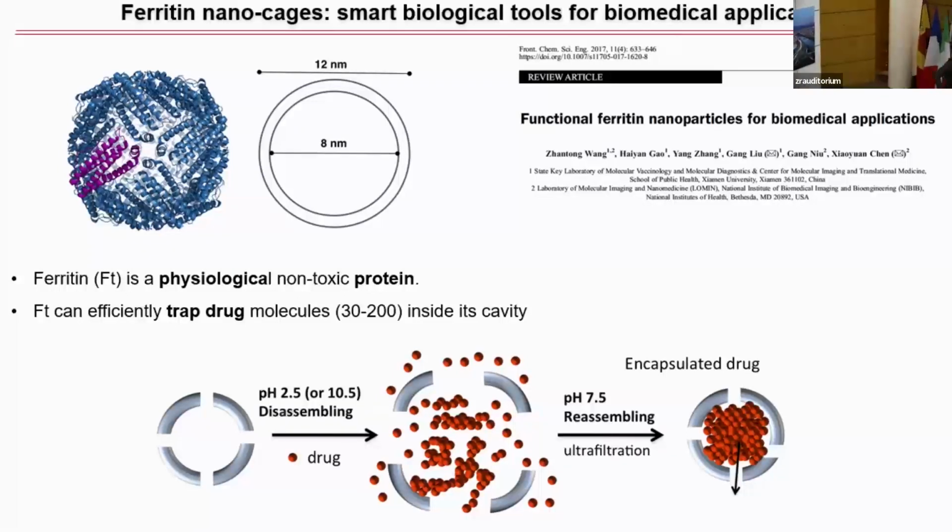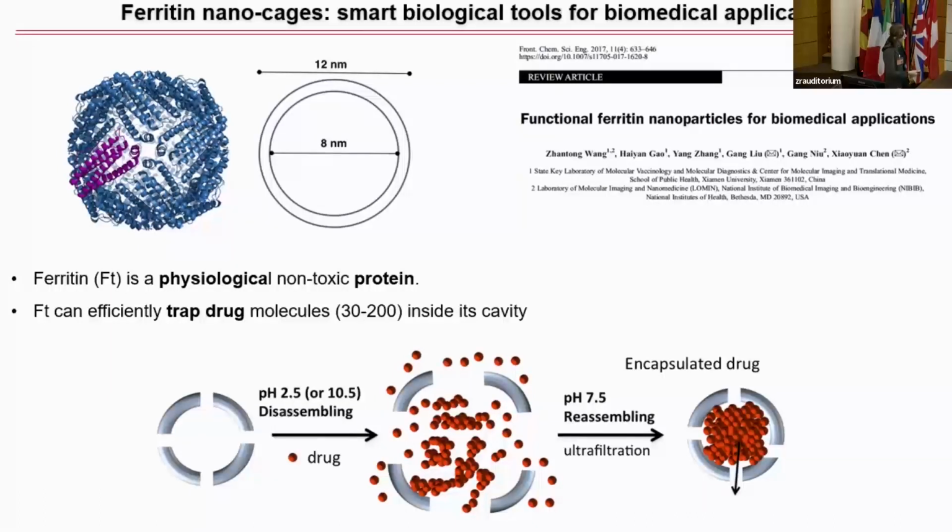So it is really ideal. However, the procedure that is well defined for the encapsulation is a bit harsh. What you do is take your empty sphere and expose it to quite extreme pH for a protein, either very low or rather high, 2.5 or 10.5. This disassembles the sphere.